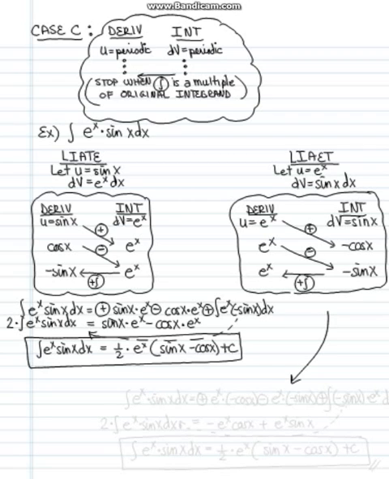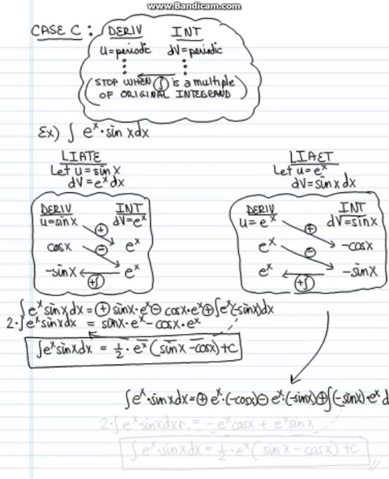Let's do that over here. So our original problem, the integral e to the x times sine x dx is equal to positive e to the x times negative cosine x, and negative e to the x times negative sine x, and then positive integral of negative sine x times e to the x dx.